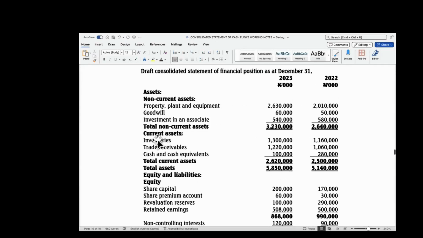Then the next item is inventories. So opening is 1160.